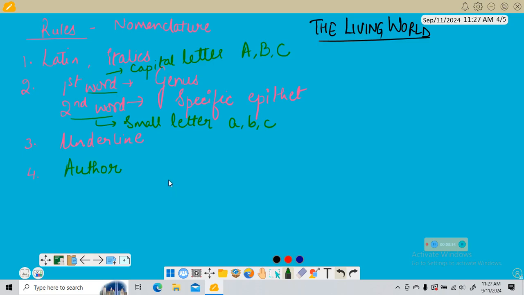For example, it was Carolus Linnaeus, who gave the system. So we'll pick the first three letters of this.